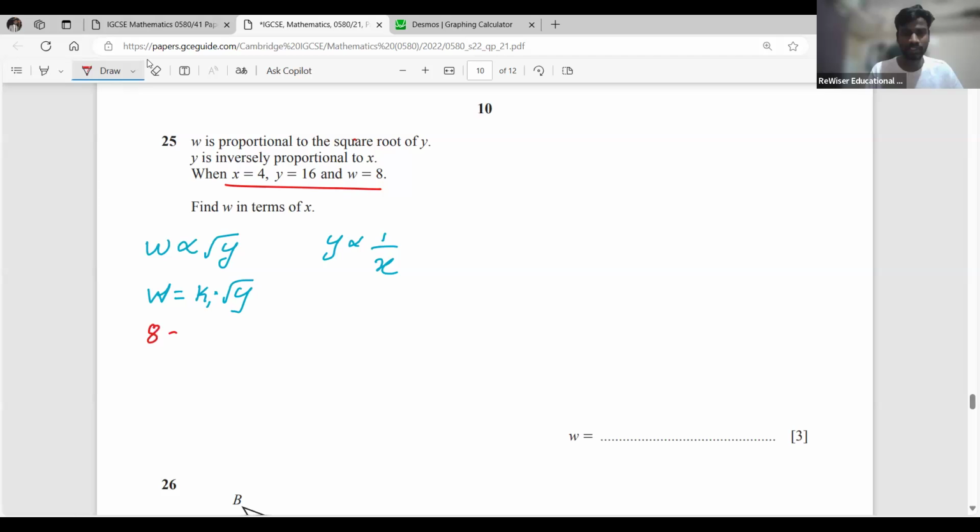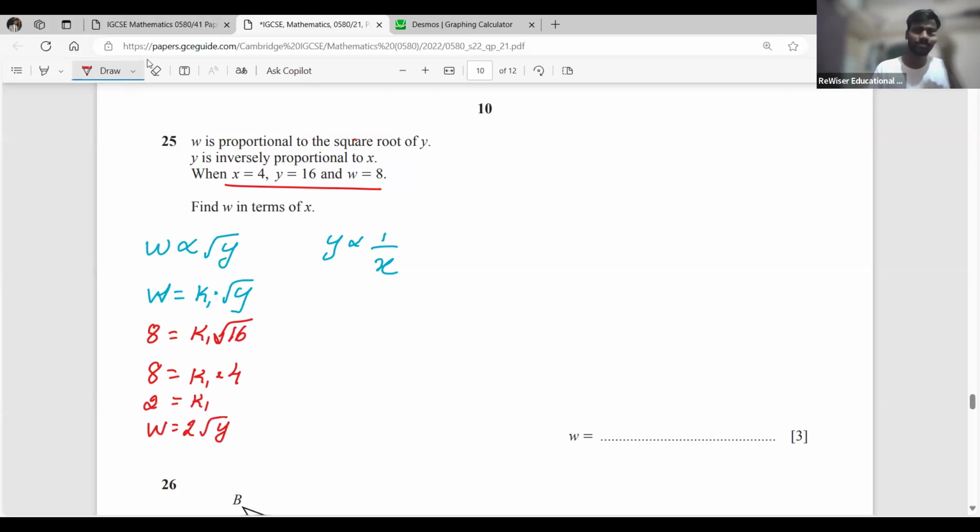It gives us 8 equals k1 times the square root of 16. The square root of 16 is 4, so 8 equals k1 times 4. When 4 goes to the other side, k1 is 8 over 4, which is 2. So the relationship between w and the square root of y is w equals 2 times the square root of y.